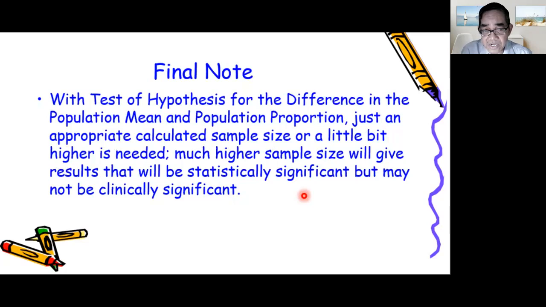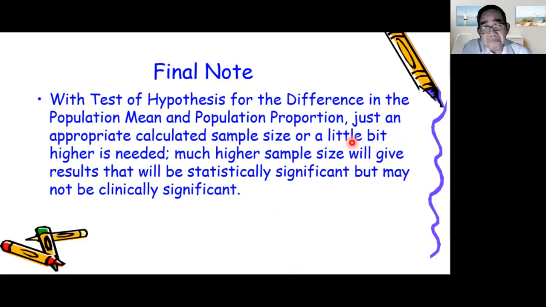Meaning, a while ago I told you that with estimation, larger sample size, more accurate results. But with test of hypothesis, when we are talking of difference in the population mean or population proportion, much larger sample size than is required, if you get much more than is required.